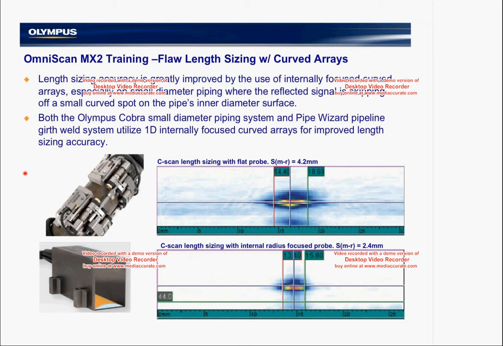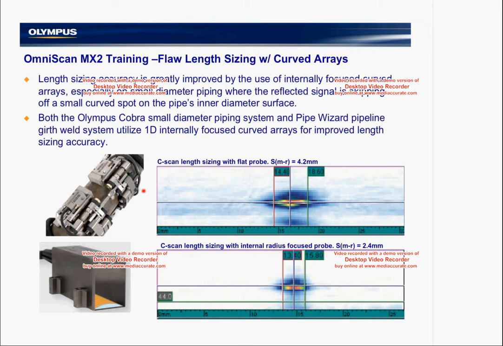Other things that improve our length sizing capability is probe technology. Both the frequency of the probe, a 2 megahertz probe typical of AWS inspection, does not have the ability to length size as accurately as a higher frequency, but it would perform better for detection.